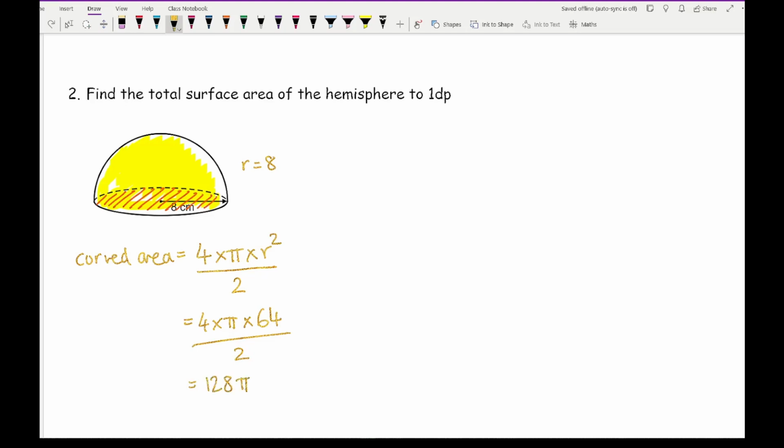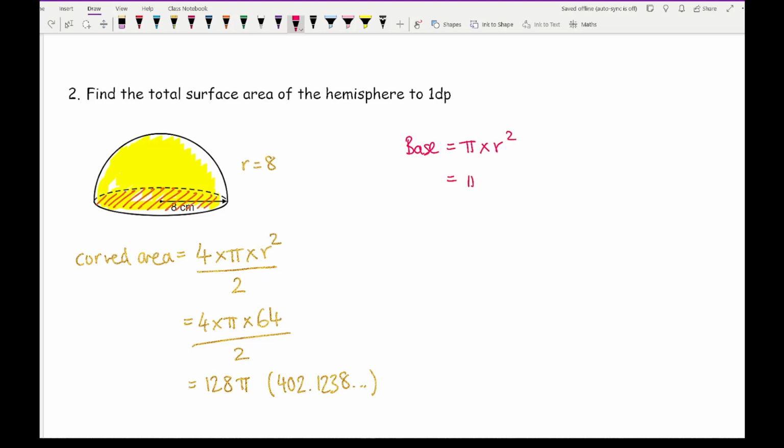Now I'm going to leave my answer as that because I've not quite finished, but if I wanted to, I could write that as a decimal, and that as a decimal is 402.1238, and it carries on with a few more decimals. Now with the base, so if we just write the base, well, that's going to be pi times r squared.